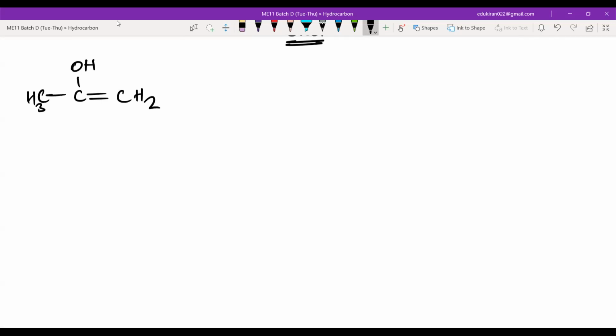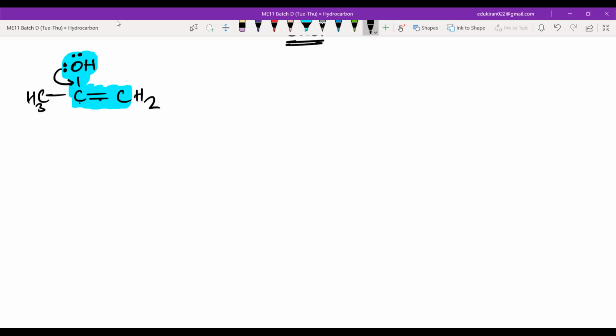Now I hope you guys must know resonance, right? You have A, double bond B, and single bond C. This is a case of resonance, if you can see it like this. Double bond B, single bond, and then there is a lone pair. So what will happen in resonance?